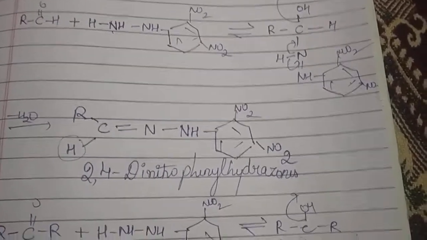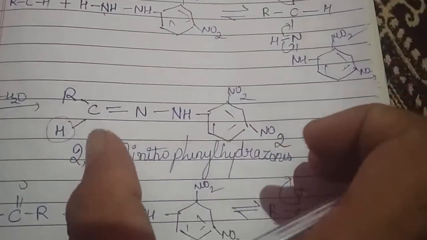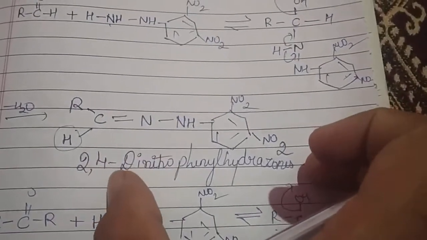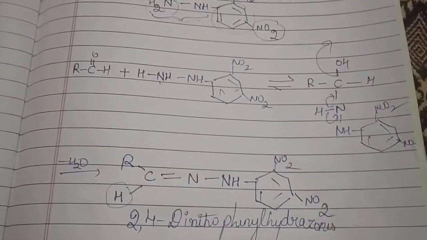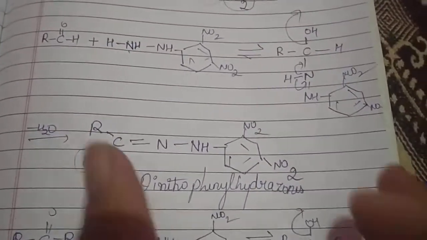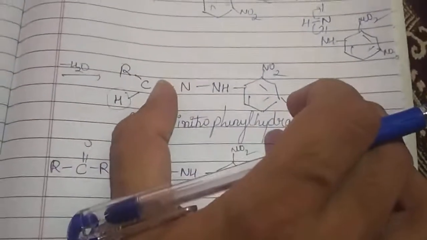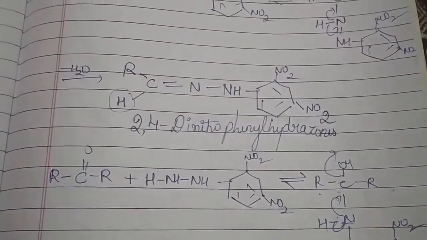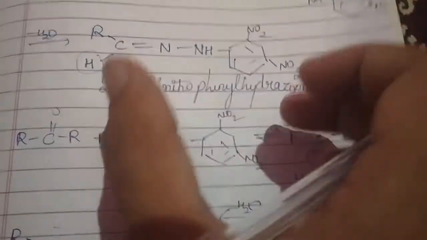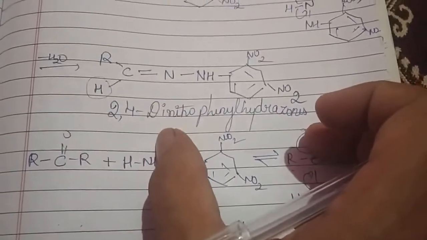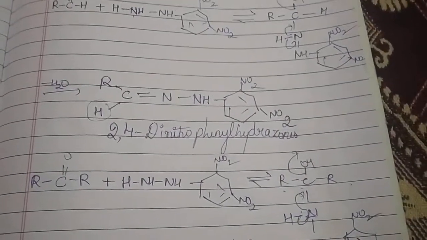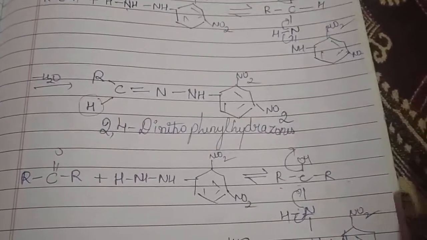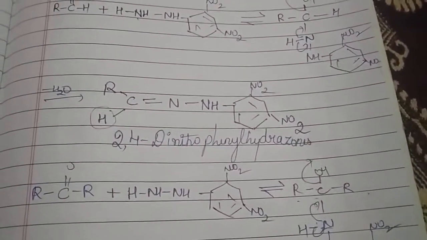Because whatever 2,4 dinitrophenyl hydrazones you are going to get, it is only when you are treating your 2,4 dinitrophenyl hydrazine with carbonyl compounds. Whatever the product you are going to get, it will have a specific color of orange yellow. This 2,4 dinitrophenyl hydrazone has a very bright orange crystalline form, which says that the compound given to you was a carbonyl compound.